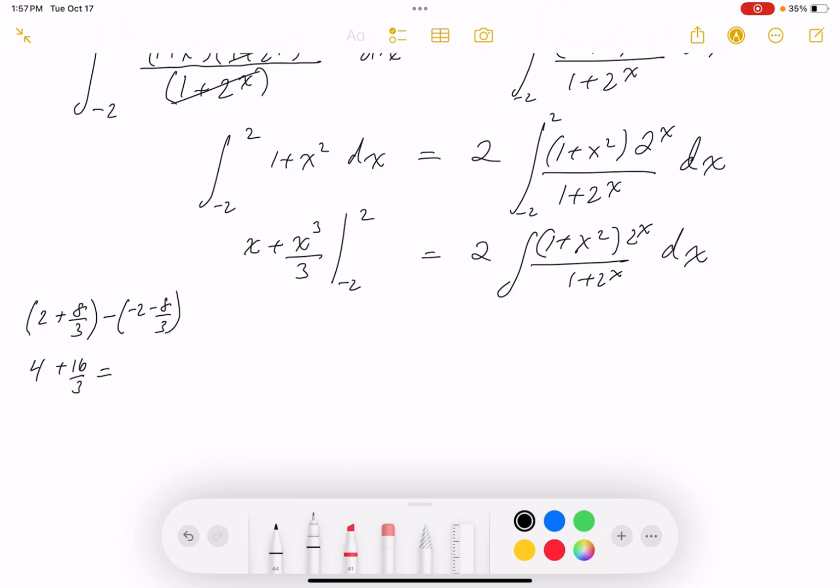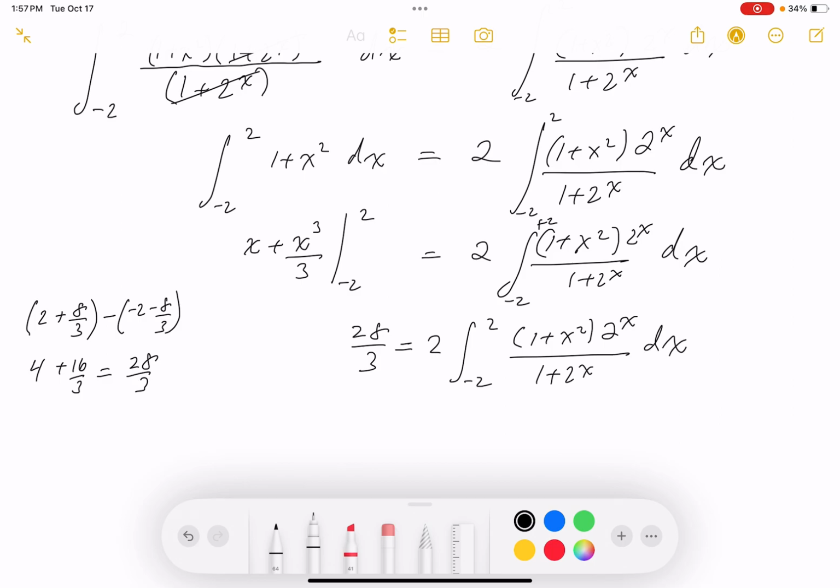And what do you get there? 3 times 4 is 12. 12 and 16 is 28. 28 thirds. I'll write that down. 28 thirds is equal to, forgot to do that again, 2 times the integral from minus 2 to 2 of (1 plus x squared)(2 to the x)/(1 plus 2 to the x) dx.